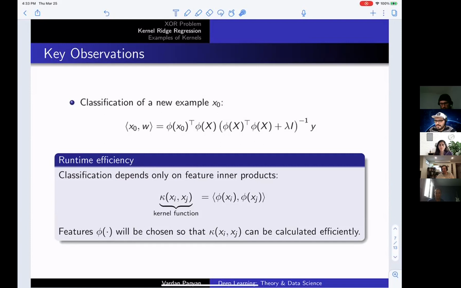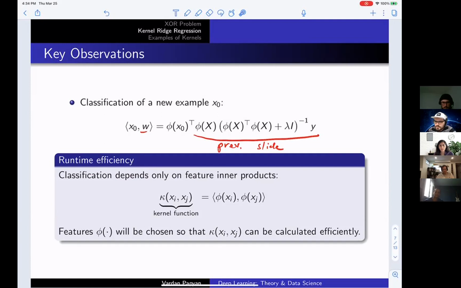So let us consider the following key observations. Imagine that we take our classifier W from the previous slide, and imagine we applied it to some test example, a new example, right? A new cat emerged, and you would like to classify it, whether it's ginger or whether it's brown.